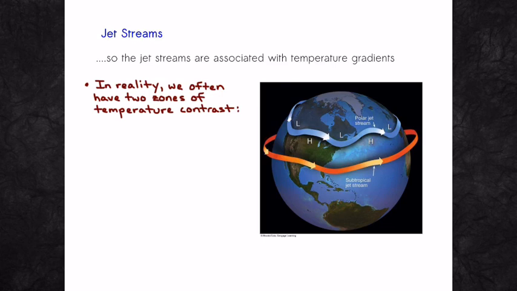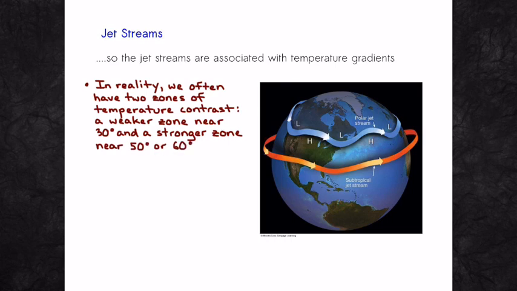You have a weaker zone of temperature contrast centered somewhere around 30 degrees latitude, and then a stronger zone of temperature contrast up in the 40, 50, 60 degree latitude. I've written it 50, 60, but it actually varies with the seasons.